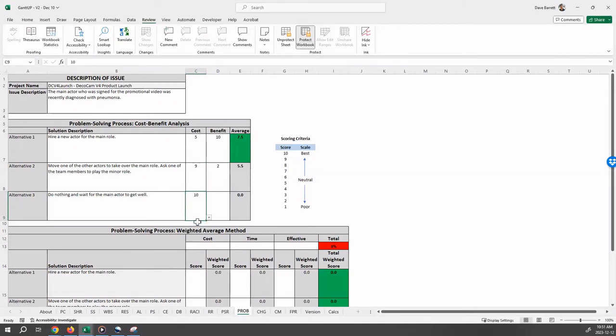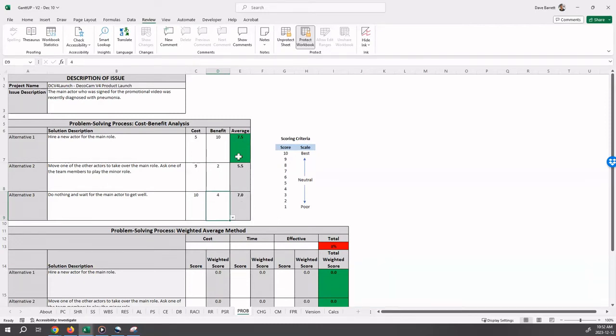We're not spending any additional money, but our benefit drops in that what if he or she doesn't get well? So we're saying, well, what about the benefit is around 4, okay?